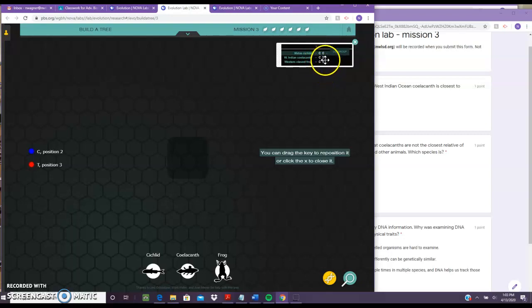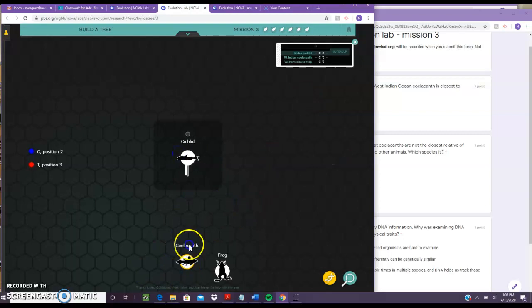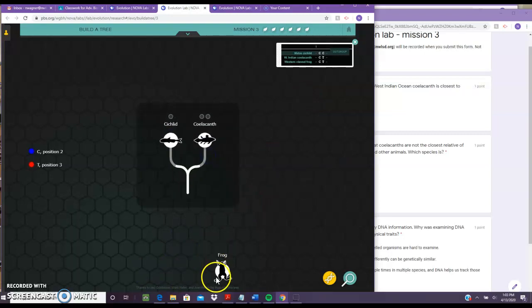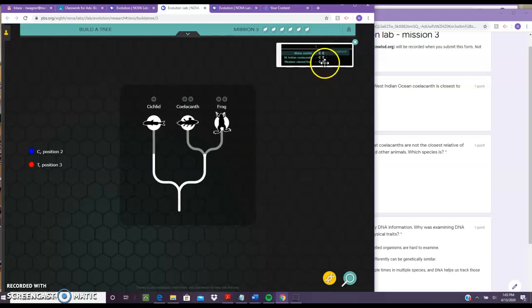But only the last 2, the coelacanth and the frog, have T in position 3. So right away I should see that these last 2 organisms should be more closely related. So let's put all 3 of them in there, and I'm going to put the coelacanth and the frog on the same branch because I know that they're more closely related than the other one.